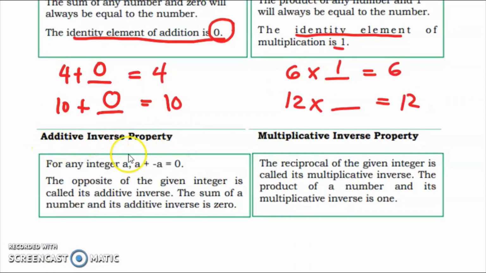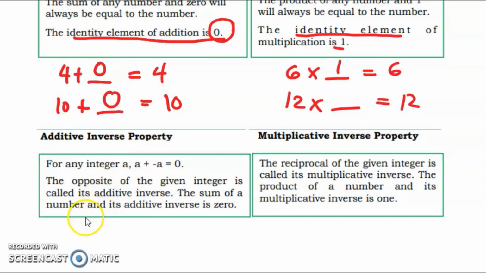So, for additive inverse, for any integer a plus negative a is equal to 0. So, ibig sabihin, positive a added to the negative a equals 0. Why? Because the opposite of the given integer is called its additive inverse. Now, the sum of a number and its additive inverse is always 0.